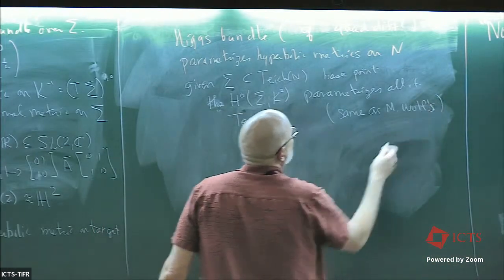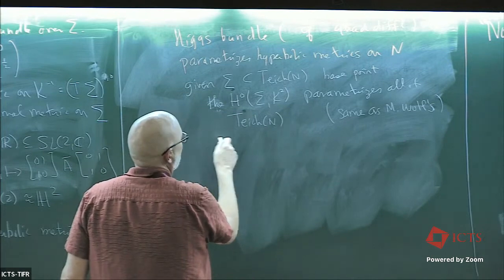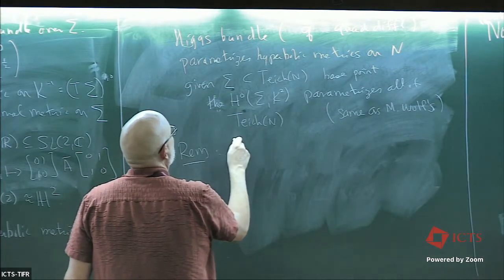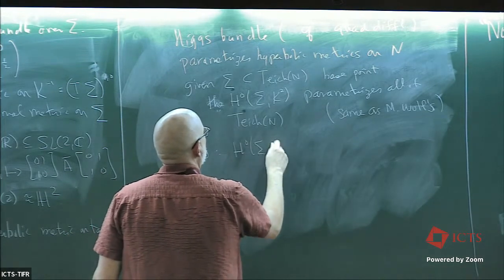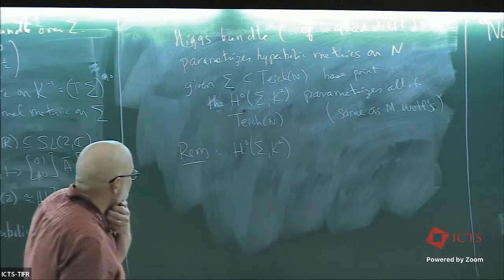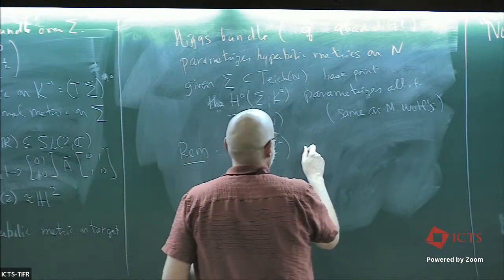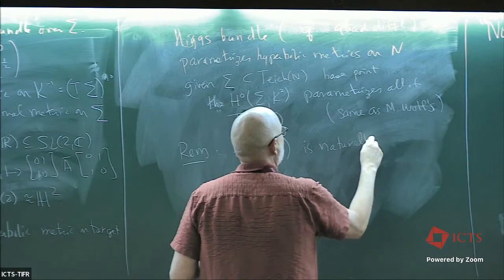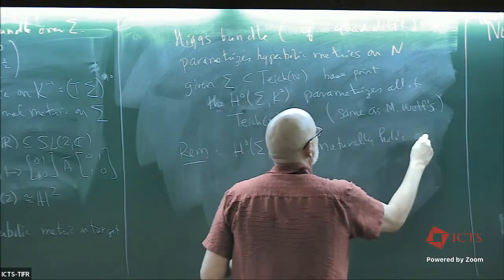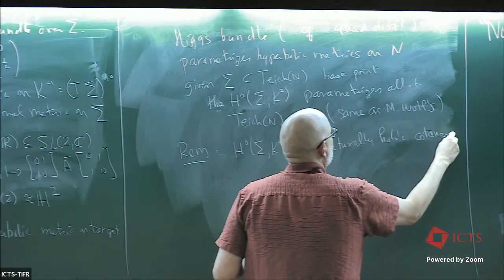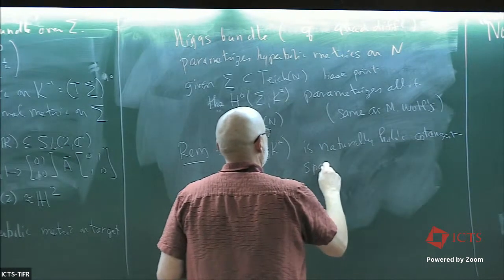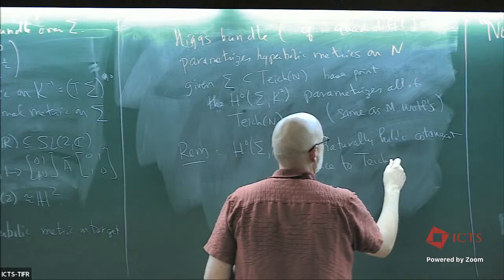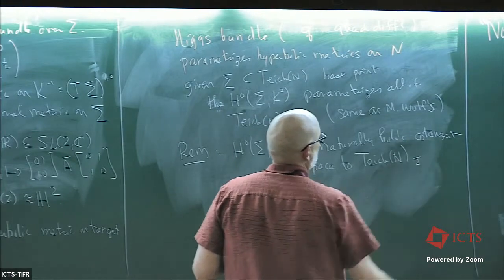And this makes sense because, classically in Teichmüller space, a remark is that the space of holomorphic quadratic differentials is naturally the holomorphic cotangent space to the Teichmüller space at sigma.